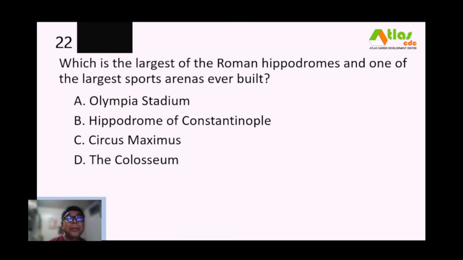22. Which is the largest of the Roman hippodromes and one of the largest sports arenas ever built? A. Olympia Stadium, B. Hippodrome of Constantinople, C. Circus Maximus, and D. the Colosseum.